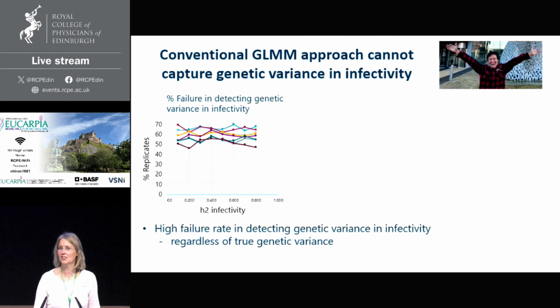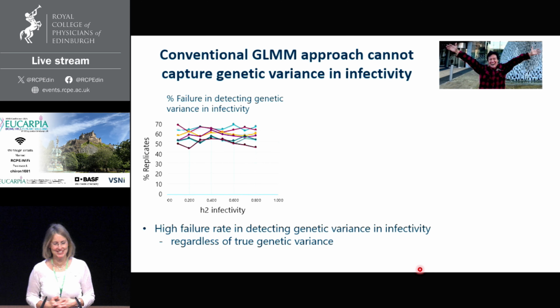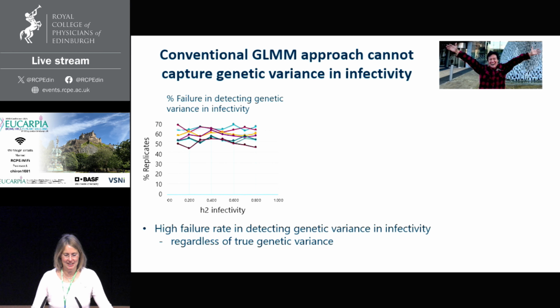This picture is Ricardo. I saw Ricardo this morning. Ricardo is a hardcore quantitative geneticist, so he was keen to apply the conventional generalized linear mixed model framework. He was very happy there because it worked really well for capturing all the genetic variation in susceptibility. However, we did have troubles identifying genetic variation in infectivity.